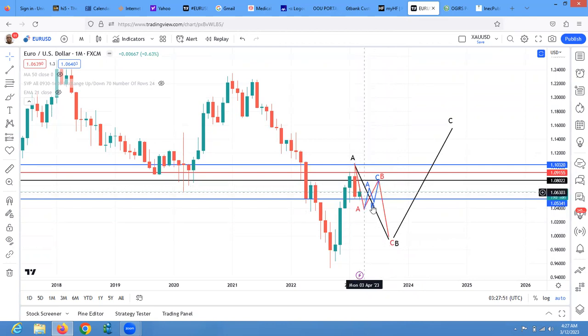But inside of a B black, we are going to do 3 reds, which is A red, B red, and C red to finish B black. And now inside of the A leg, which is the red, A red, we may have finished A red, and we want to now start B red. And inside the B red, we are going to do A blue, B blue, and a C blue.